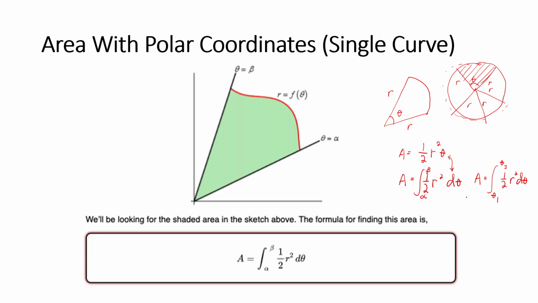So the designation won't matter as long as when you plug in the values for your equation, they are the correct values. Okay, so when we solve for areas under a single curve, alpha going to beta, that's usually counterclockwise direction. So that's why our lower limit is alpha, and then the upper limit is beta angle.